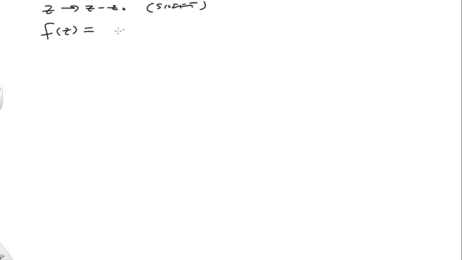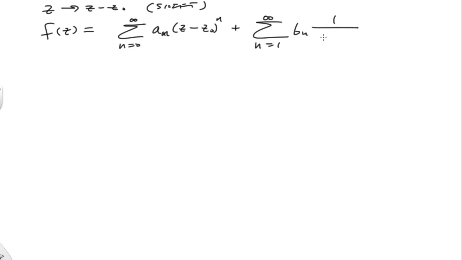And that becomes the series of the form n equals 0 all the way to infinity of an times z minus z naught to the n power, plus another set of terms, n equals 1 to infinity of bn times 1 over z minus z naught to the n power.